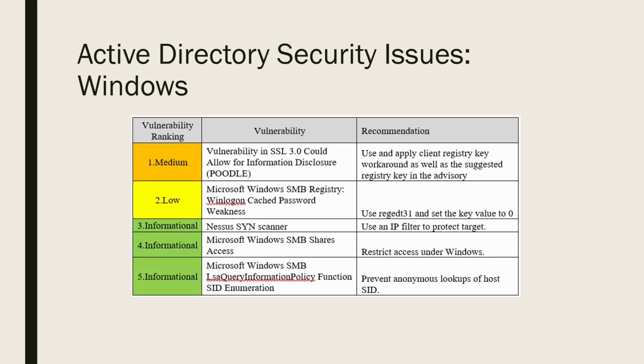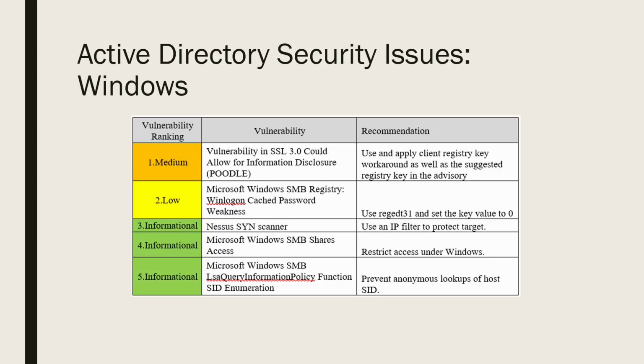The first one with the medium ranking is the vulnerability on the SSL version 3 that could allow for information disclosure. So I already kind of mentioned before with that detection of version 2 and 3 that 3 is not deemed a secure communication.